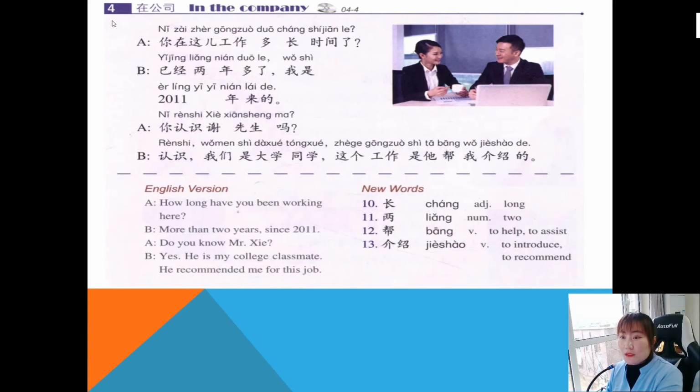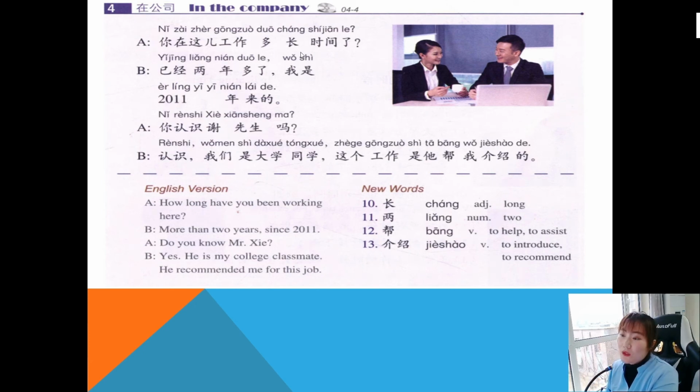Okay, so the last one, in the company. 你在这儿工作多长时间了？已经2年多了。我是2011年来的。So how long have you been working here? More than 2 years, since 2011. So here, when you want to ask someone how long something has been done, you want to know the time, you can use this sentence to ask a special question.